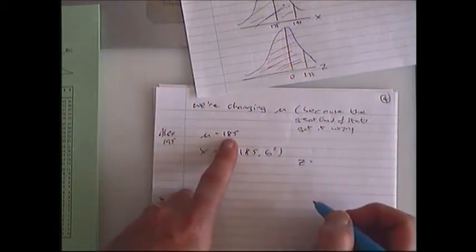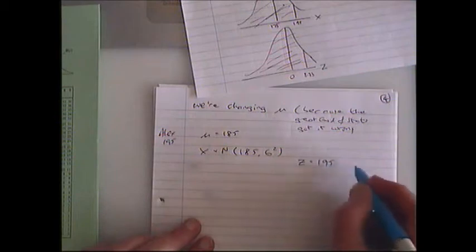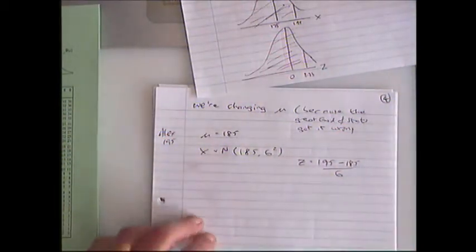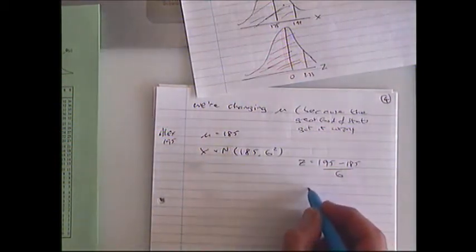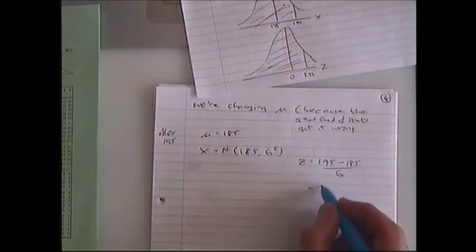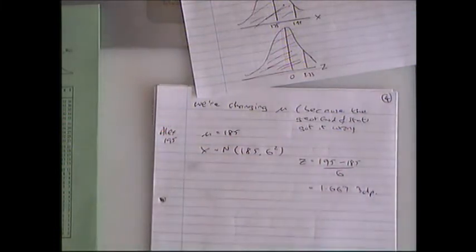I will do the person's height, take away the mean, divided by the standard deviation. What does that come out to be this time? Yes, that's exactly right. What is that? 1.6 recurring, yeah. So if we do it to 1.667, if you do it to 3 decimal places, that's accurate enough.